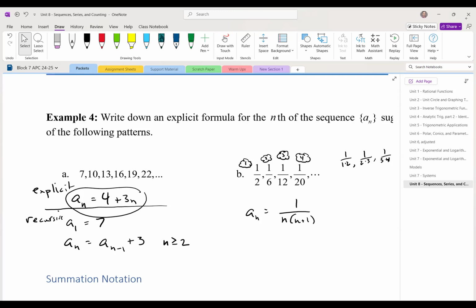They're the same thing. How do you know? I thought we did this.